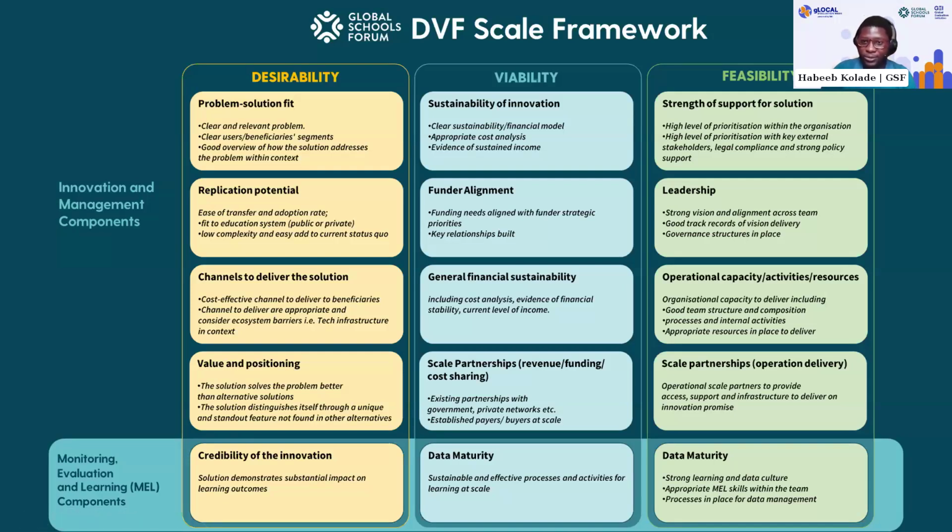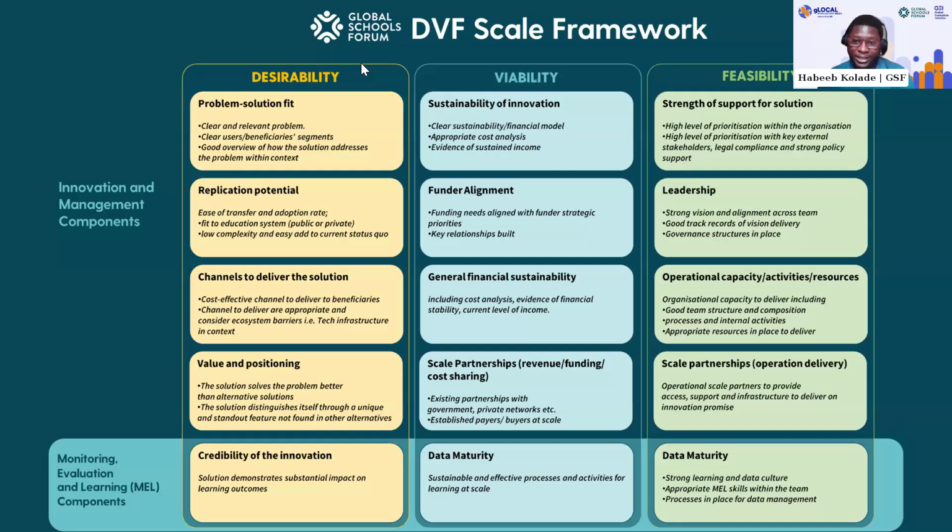In the area of feasibility, we're looking at whether organizations have the right support within and outside the organization to scale their solution. What level of restriction or obstacles would they have to face to scale specific ideas in their communities?